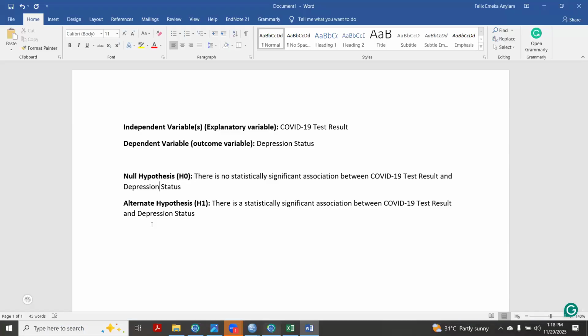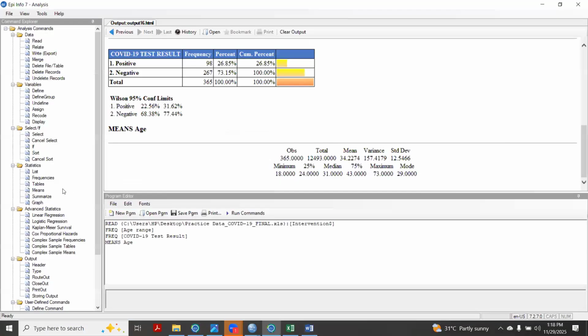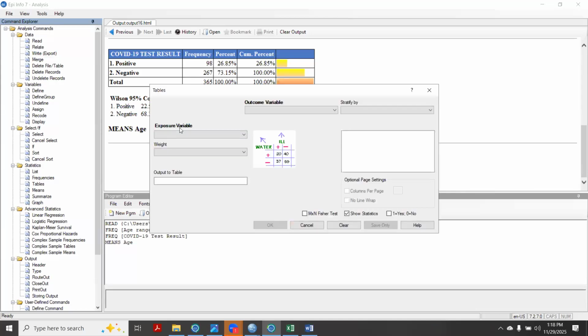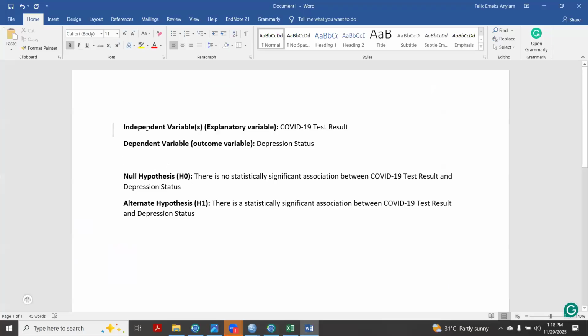In Epi Info, I showed you that if you want to run a comparison, where you are testing for the difference in percentages, you're going to be using the chi-square. And we went to tables. Your exposure variable, as epidemiologists, is the independent variable, or explanatory variable.